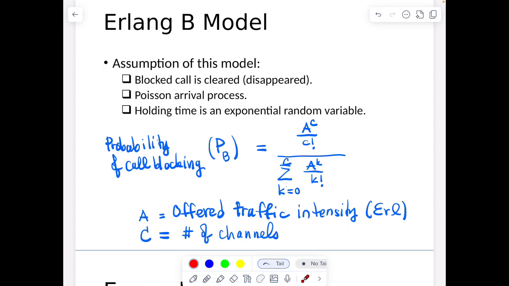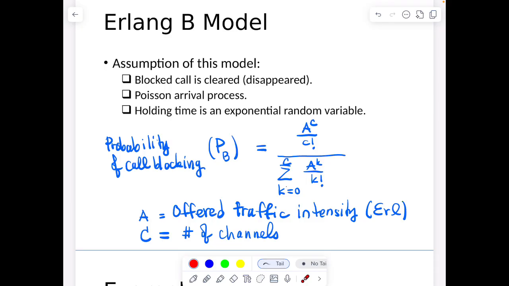Okay, so the formula is A raised to the power C divided by C factorial, divided by the sum from k equal to 0 to k equal to C of A to the power k divided by k factorial.